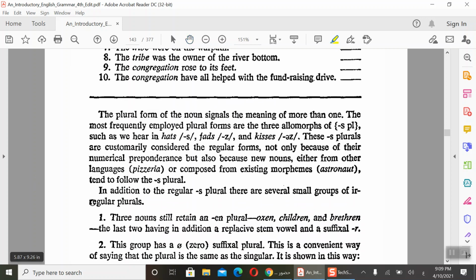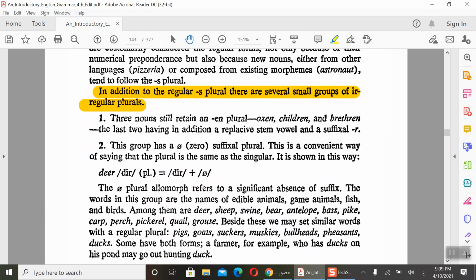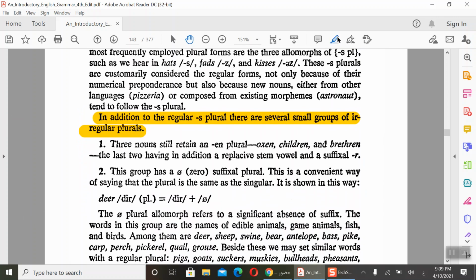Here we have a very important point. In addition to the singular and plural nouns, there are several groups of irregular plurals. We have a smaller group of irregular exceptions. Number one, three nouns still retain the en plural, not s.